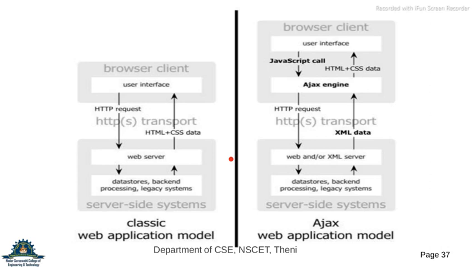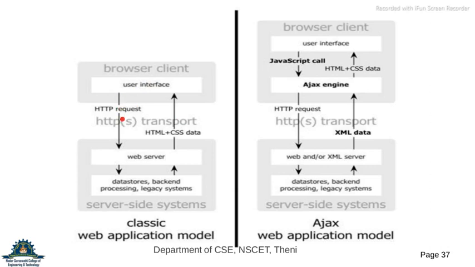Okay. So these two things will simultaneously display you the difference between the classical web application model and next to it the Ajax web application model. Okay, here you can go through it. These things, that is a web browser and server-side system. Both the things will be same here. So here, if you are using some traditional way, the user will be interacting. That is, user interface will be there.